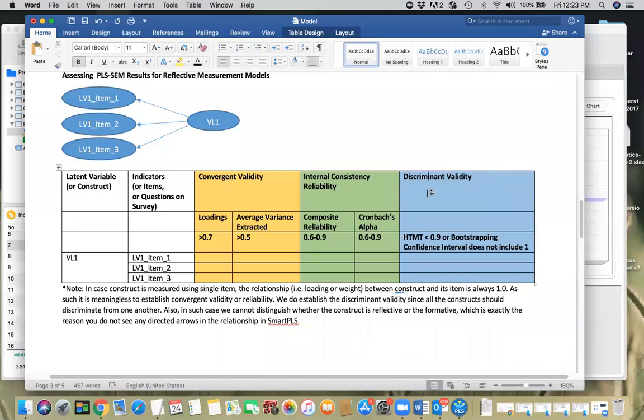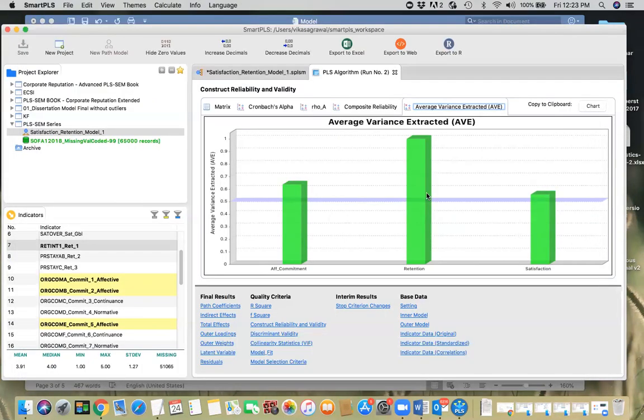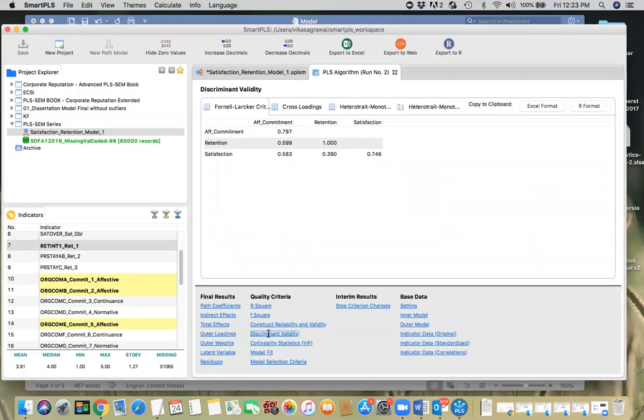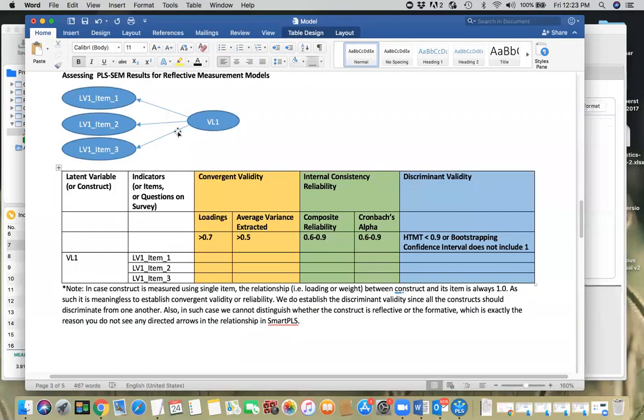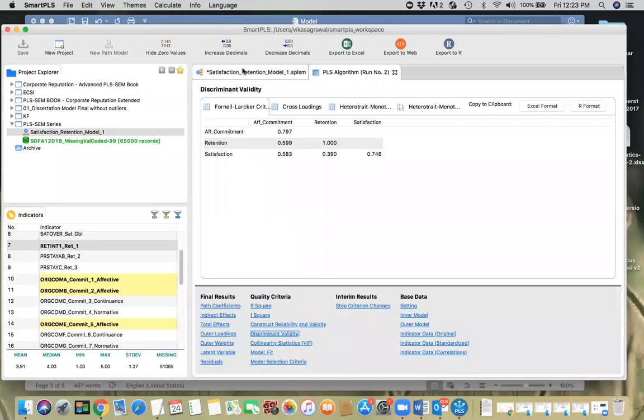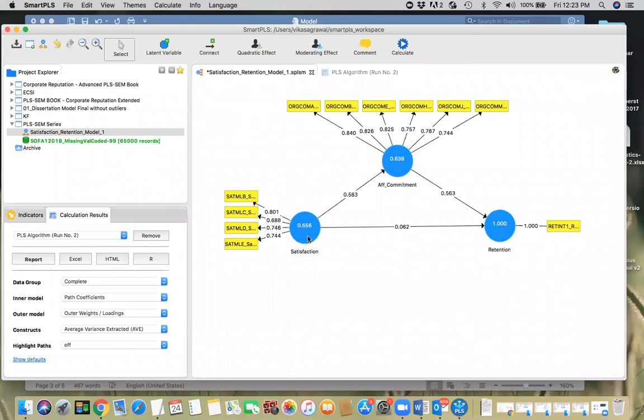The next thing is going to be the discriminant validity. When it comes to discriminant validity, we need to click on this one, and there are many ways we can do that. One is called the Fornell-Larcker criterion.